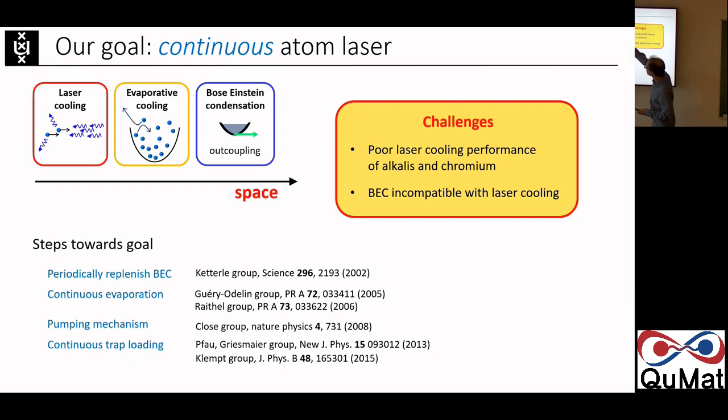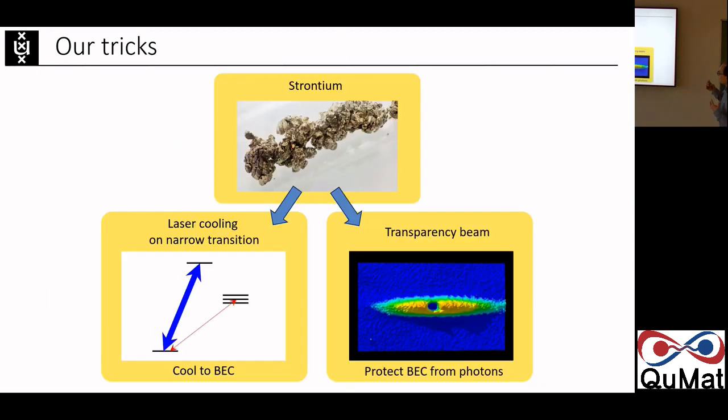So all this nice laser cooling light that you surely need is really deadly for BECs if you don't pay attention. Now, we work with strontium, and that element allows us new tricks. We have a broad and a narrow laser cooling transition, and we have a trick for making our atoms transparent against the light from the narrow laser cooling transition.